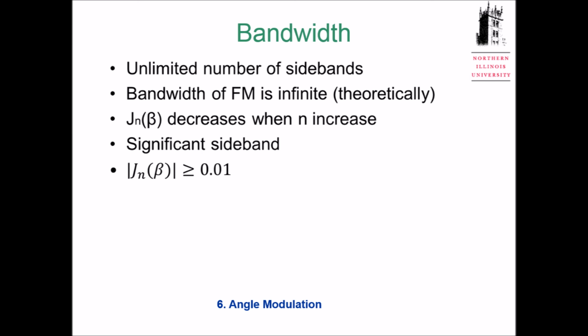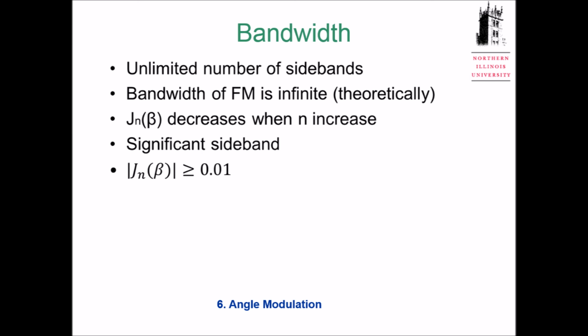Significant sideband means, for this sideband n, the amplitude is greater than 0.01, so the power of this sideband will be 1/10,000 times compared with the entire power. If this value drops less than 0.01, we think those sidebands are too small.